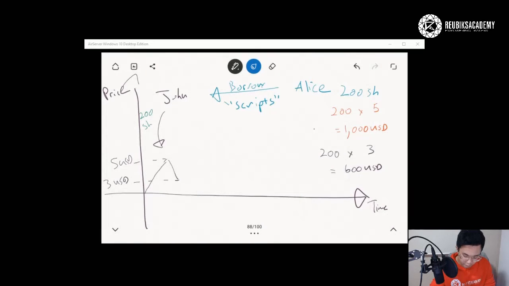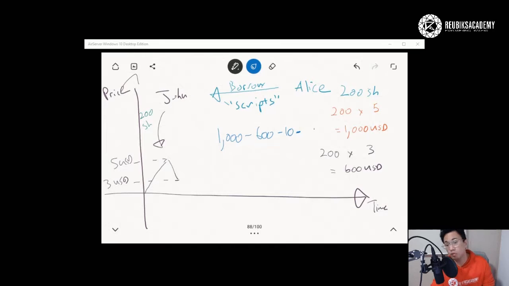her net profit will be 1,000 minus away 600, minus away any admin fees. Let's say the administrative fee is 10 USD, minus away an overnight interest. Let's say she short sells the shares and she doesn't cover her position within the day. She only covers it the next day.